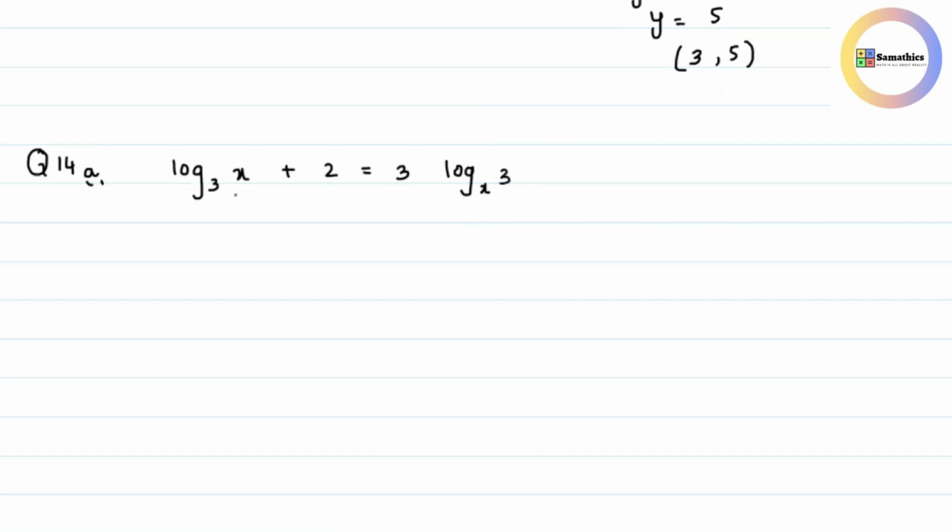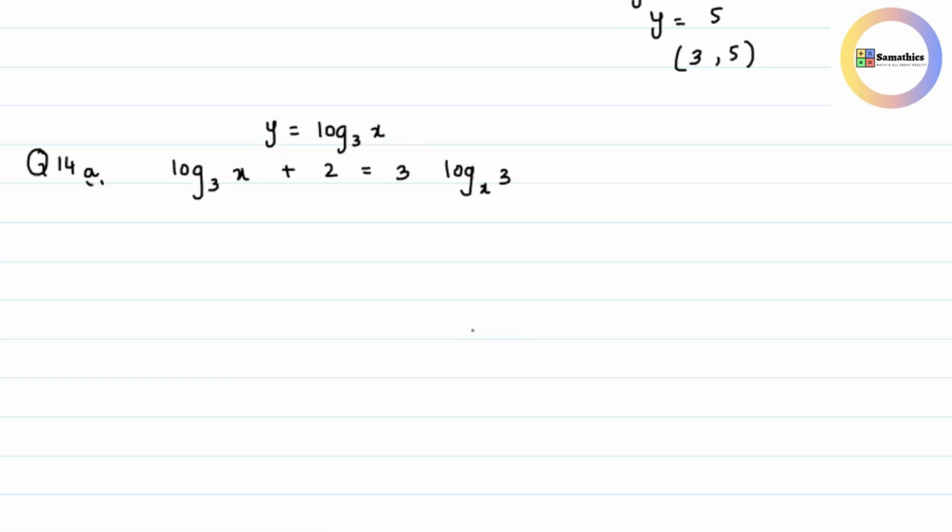And they have said in the question that you can take y equal to log base 3 of x, right? So first of all, the bases are not the same. You cannot write it as a single logarithm. So you have to make the bases the same.